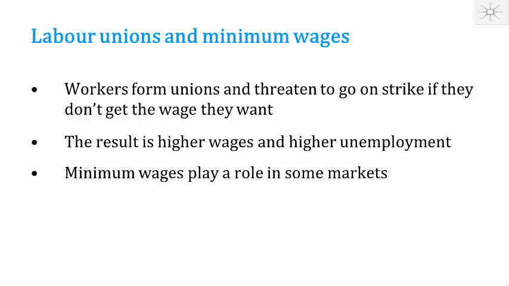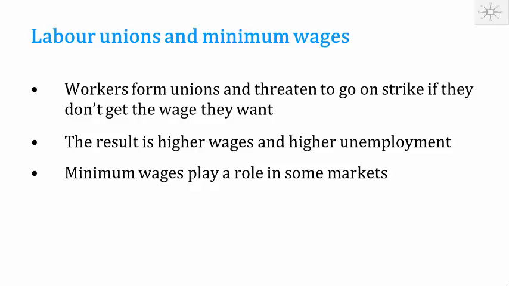Another factor that plays a role in some parts of the labor market is labor unions. So workers can form a union, and they can threaten to go on strike if they don't get the wage that they want. And from the macro perspective, the result is higher wages. If workers have bargaining power, they can push up the wages.